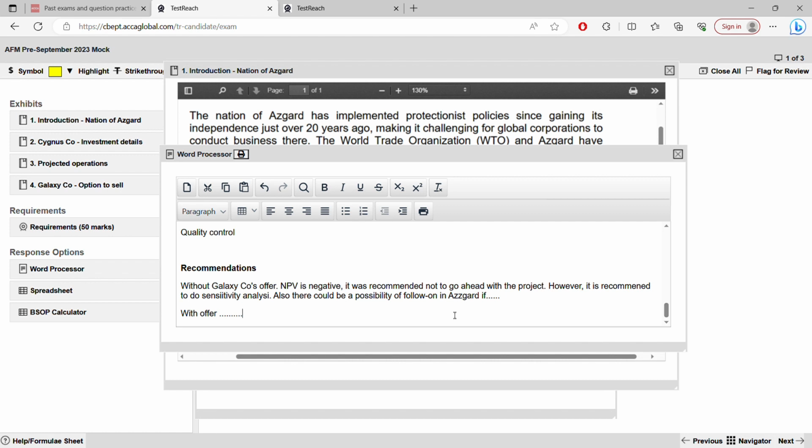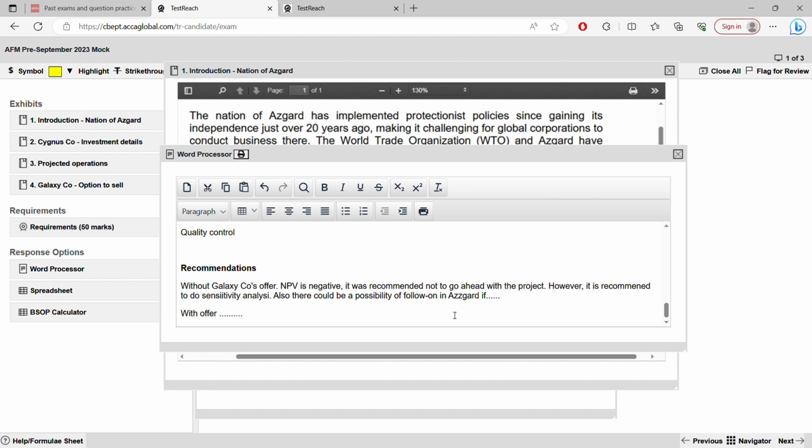You have to talk about that in your recommendations. So you can say with the offer you can go ahead with the project, but you also have to mention that there is uncertainty in the accuracy of those figures, and also that sensitivity and scenario analysis are needed to assess those uncertainties. This you have to write in your recommendation.